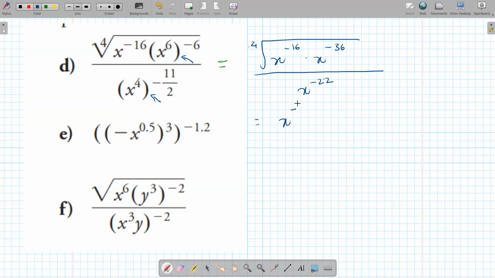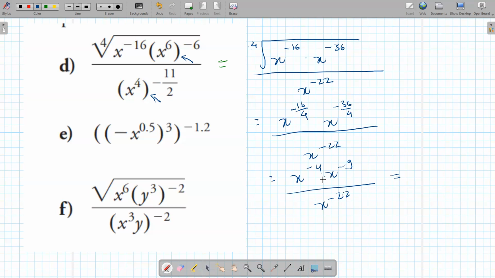Just throw it in the denominator, right? Anything radical, we'll just want to throw it in the denominator like this. See that? What is x to the -16/4? How many x's? -4. Yeah, and then the other one will be -9, and then you have x to the -22.